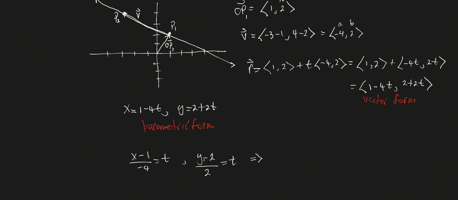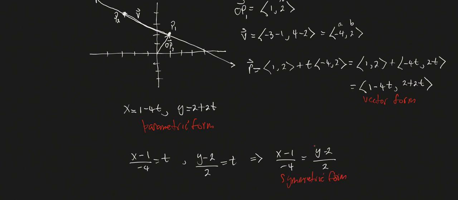Since both expressions are equal to the same parameter t, they must be equal to each other. So (x minus 1) over -4 is equal to (y minus 2) over 2. Let me write down the symmetric form here.